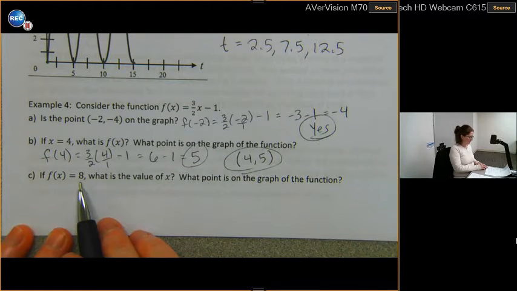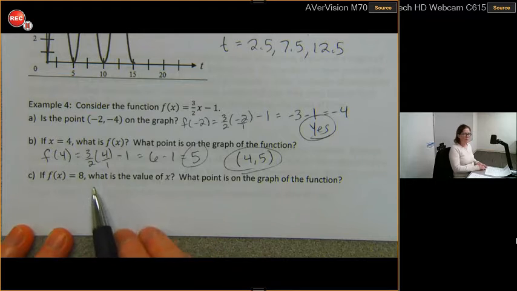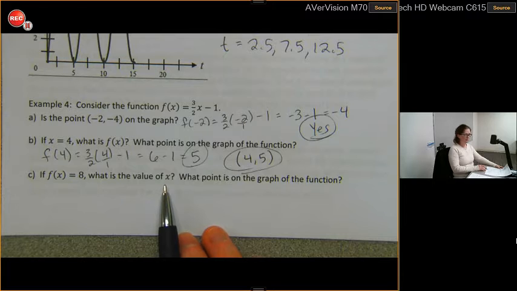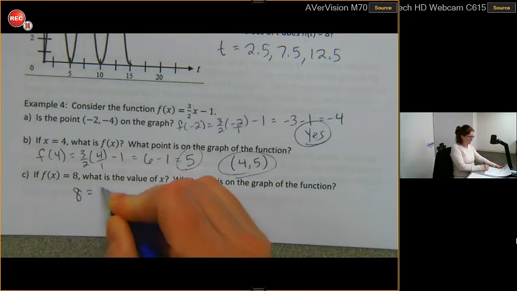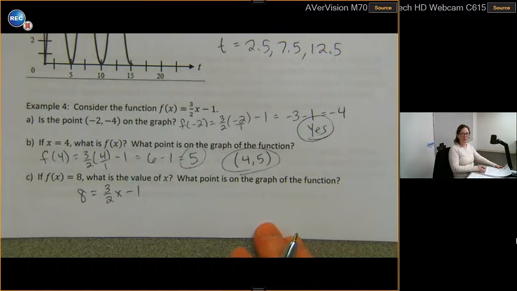If f of x equals 8, what is the value of x? So notice the different wording between parts B and C. Part B, we're told x equals 4. Part C, f of x equals 8. Since f of x equals 8, I'm going to have 8 equals 3/2 x minus 1, and I have to solve that equation for x.